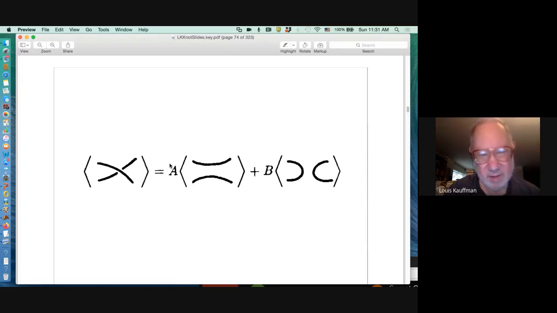This is an analog of a kind of expansion for graphs in graph theory called the Tutte polynomial, where you delete or contract an edge in the graph. And here, this is the analog of deletion and contraction, although in this case, it's reconnection in the two possible ways.